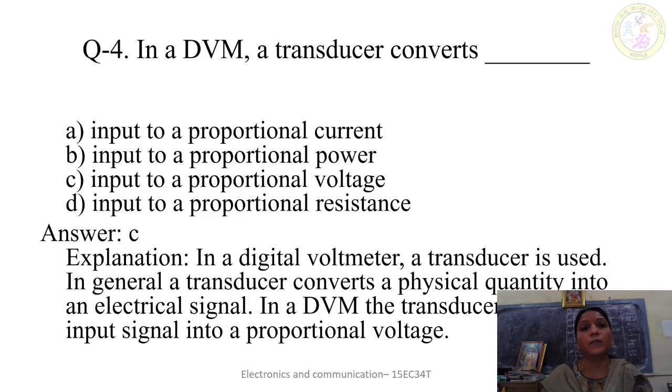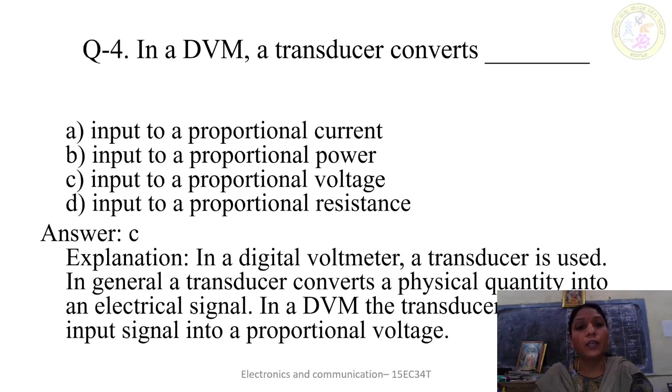The next question is, in a digital voltmeter, a transducer converts dash dash. Option A, input to a proportional current; input to a proportional power; input to a voltage; input to a resistance. Actually in a DVM, digital voltmeter, the first block in the diagram is the transducer.